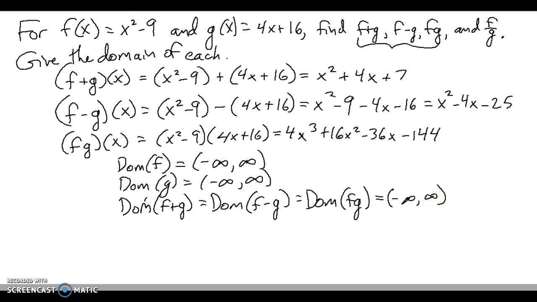Things get a bit more fun when we do f divided by g. Well, this is just going to be f of x over g of x. And we should make sure this can't simplify. We do that by factoring the top and the bottom.